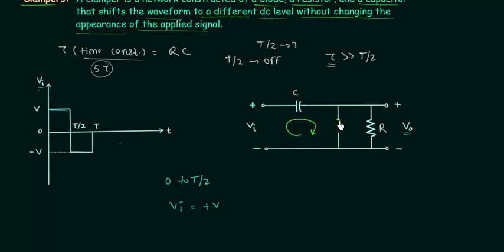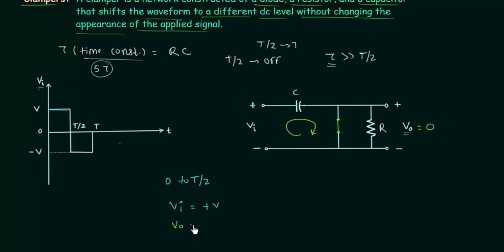In case of the constant voltage drop model, you have to replace it with the barrier potential. Now what will be the value of output voltage VO? In this condition, it is equal to 0 because there will be no current through the load resistance. The current will choose the path with the least resistance, and this path has 0 resistance. So the current will flow through this path, and there will be no current through this load resistance. So VO is equal to 0.